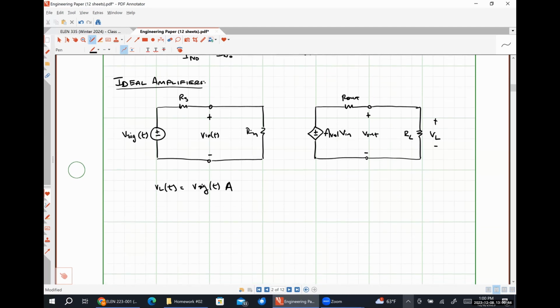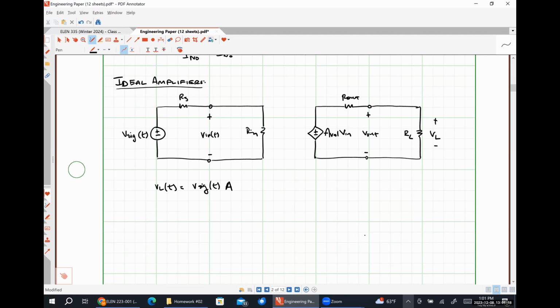So the first thing that we are going to look at is how to make Vn be identical to V sig. How do we make the voltage that's applied across the input terminals of our amplifier, which is this part right here, be identical to the voltage that we're applying when we have this practical voltage source representation here?